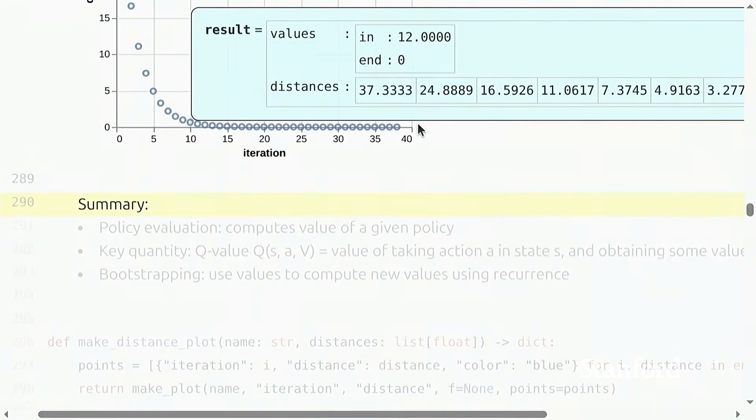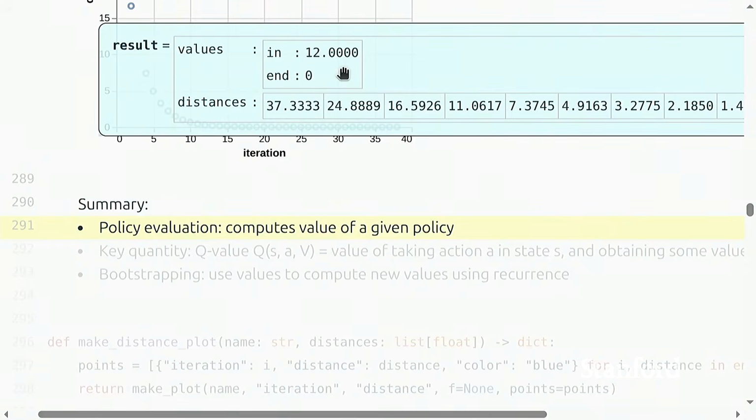All right. So to summarize, policy evaluation computes the value of a given policy. And remember, the value is defined as the expected utility out of doing these rollouts. But we don't have to do the rollouts. We can just use math and write down a recurrence.